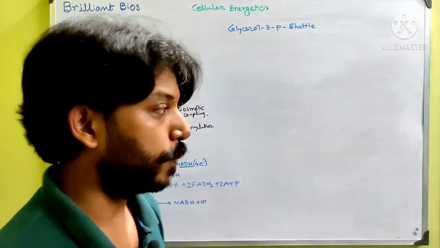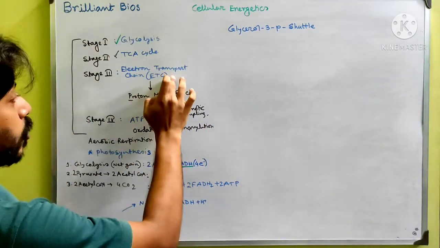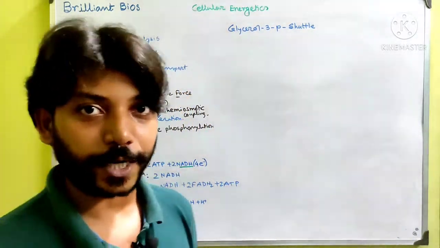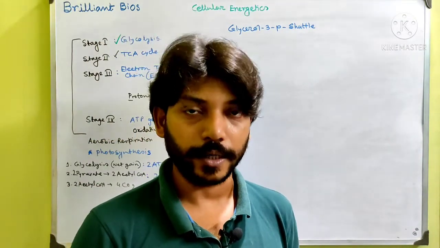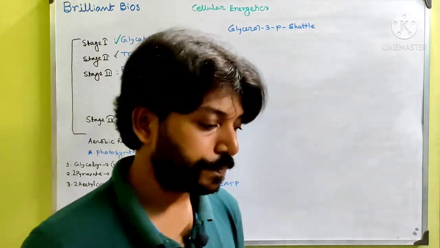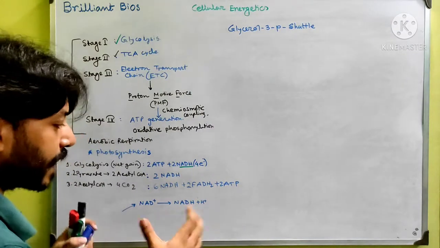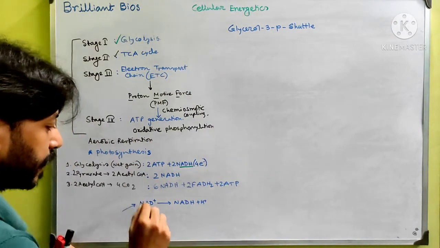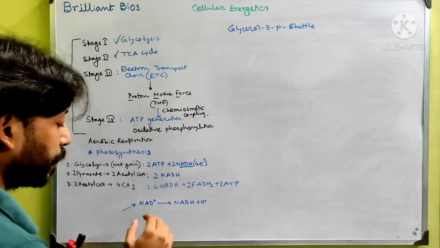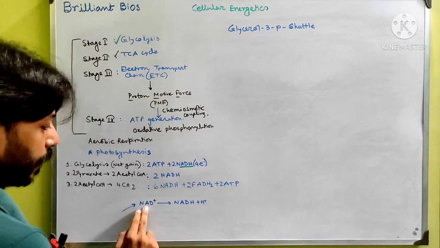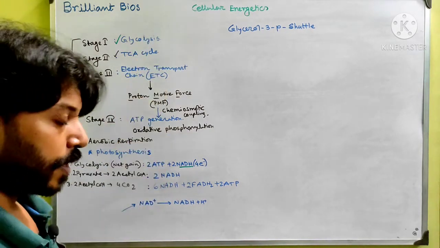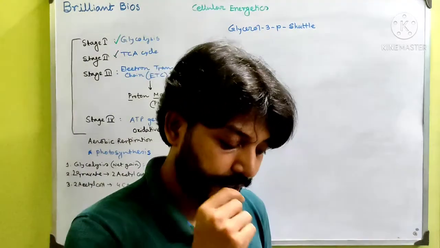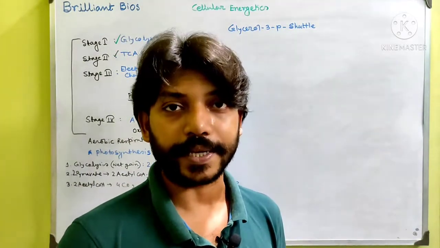And we all know that the TCA cycle and the electron transport chain occur in the mitochondrial matrix or inner membrane of the mitochondria. So there is no direct access of this NADH into the mitochondrial matrix, and regeneration of NAD plus is necessary to continue the glycolysis. So in that situation, the cell plays a trick.